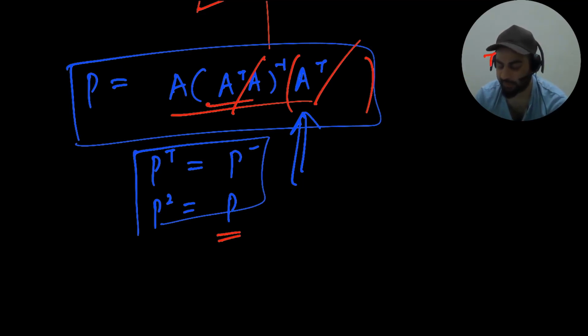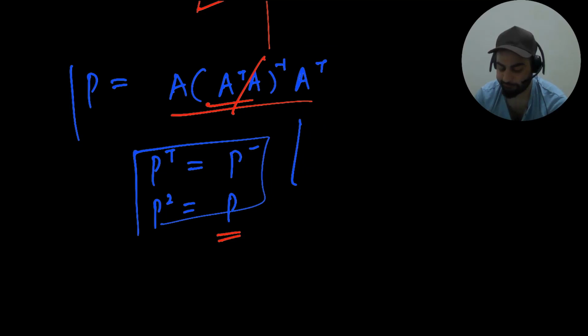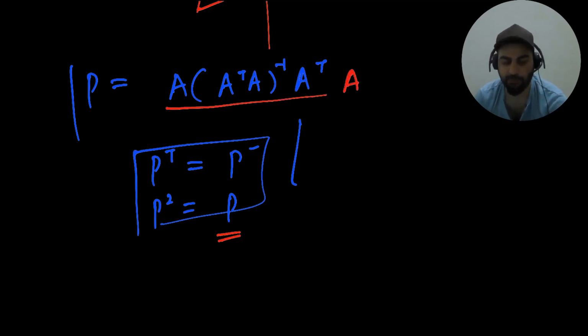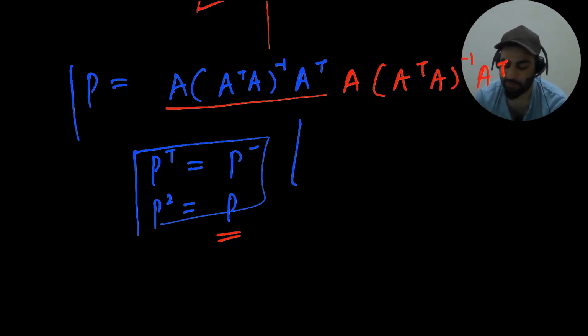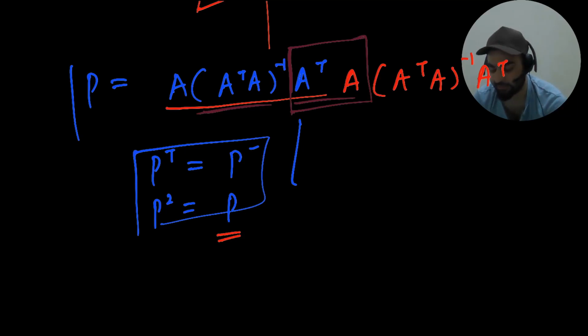Let me write it again so that there is no mess. A, this is our first P. So I'm writing this A multiplied by A transpose A whole inverse, and I'm writing A transpose. This is P multiplied by P. So I'm putting the brackets in the right places. I'm saying put one bracket over here, because this thing and this thing now becomes an identity.